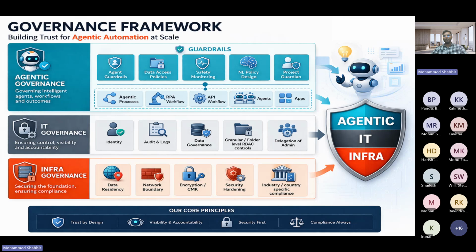Based on these things, we can confidently scale from traditional automation, the RPA, to agentic automation using UiPath. In simple terms, this framework makes sure automation becomes smarter, safer, more controlled, and enterprise ready.